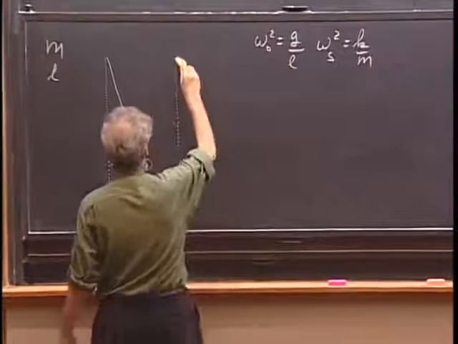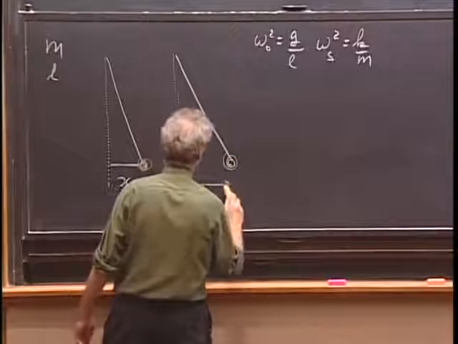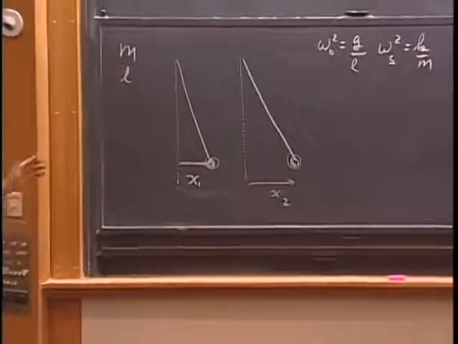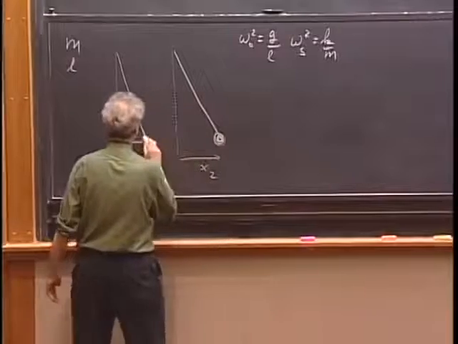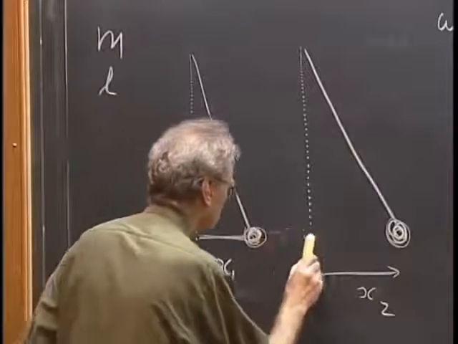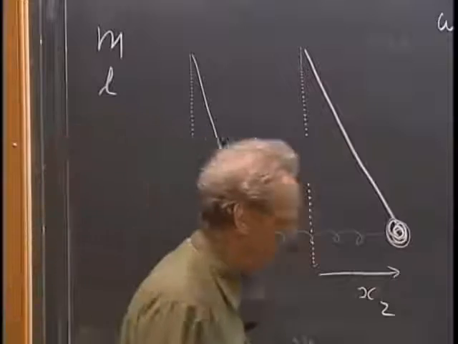And this one I offset over a distance x2. Notice, you don't have to do that, but I always offset them in the same direction. And then there is this spring that connects them. I will just make the spring very thin, otherwise the picture becomes a little too complicated.